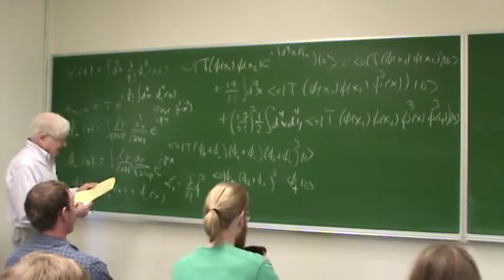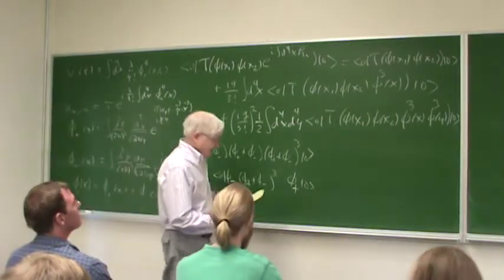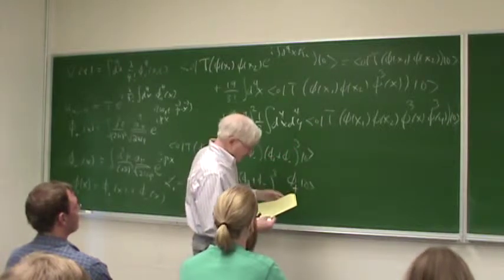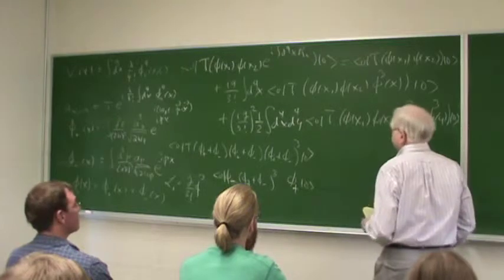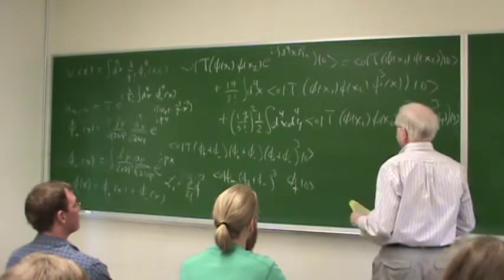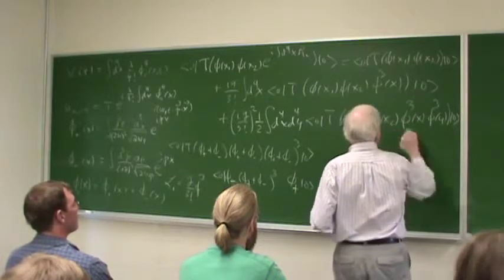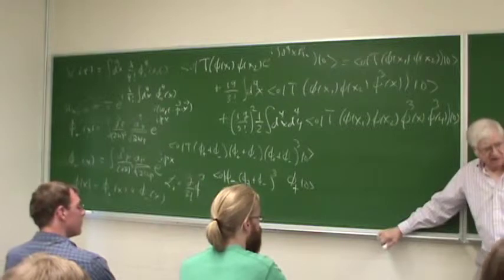So what we've got left then is this term. And now if we look at this term, and we stick in phi plus plus phi minus, there's a theorem due to an Italian named Wick.